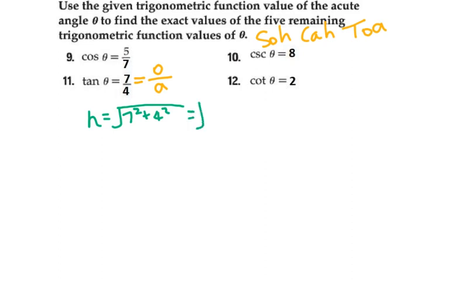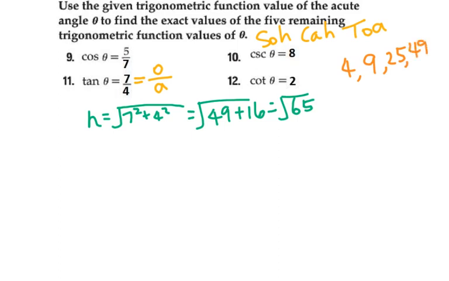And so I have 49 plus 16. Then you will get square root of 65. Square root of 65, you cannot divide by 4, 9, 25, 49. That's why it's simplified. Now I list all opposite side, adjacent side, and hypotenuse side. So the O equals 7, A equals 4, and H equals square root of 65.